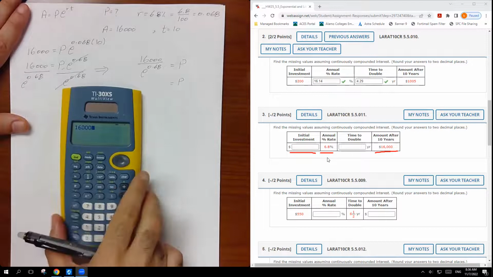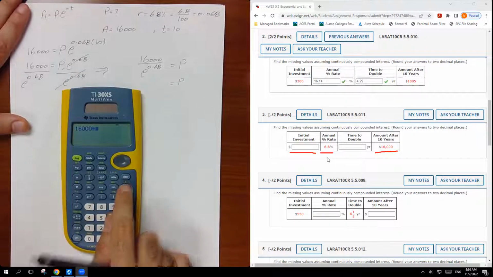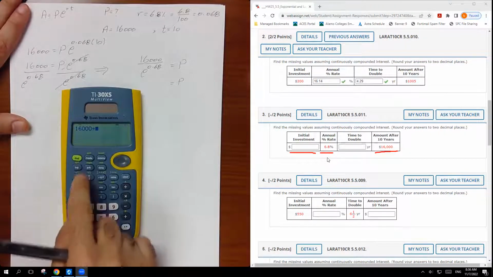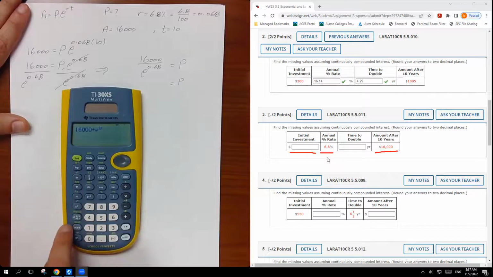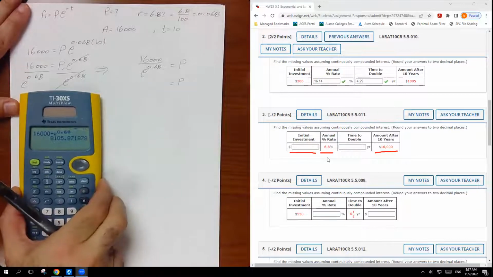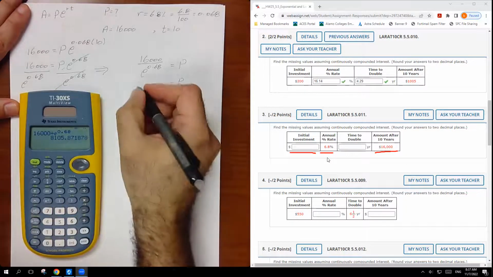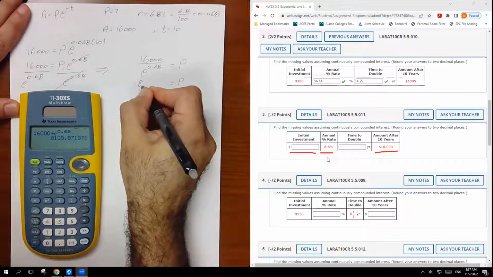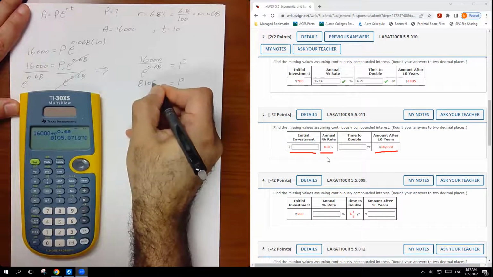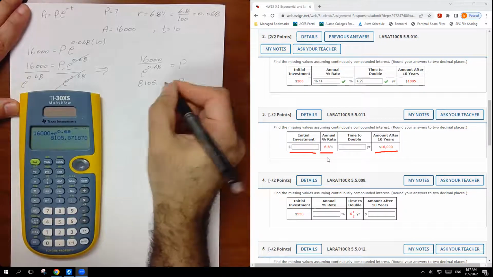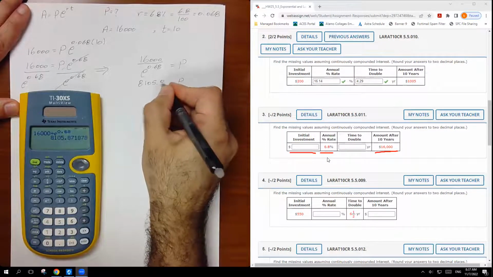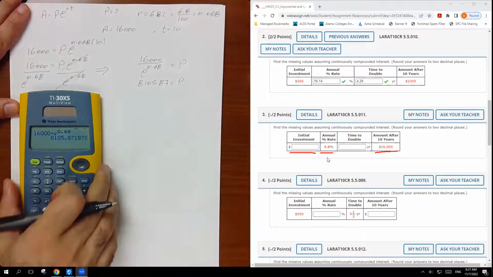Okay, 16,000 is going to be divided by the second fraction e to the power 0.68. So the result is going to be 8,105.87. So this is our invest.